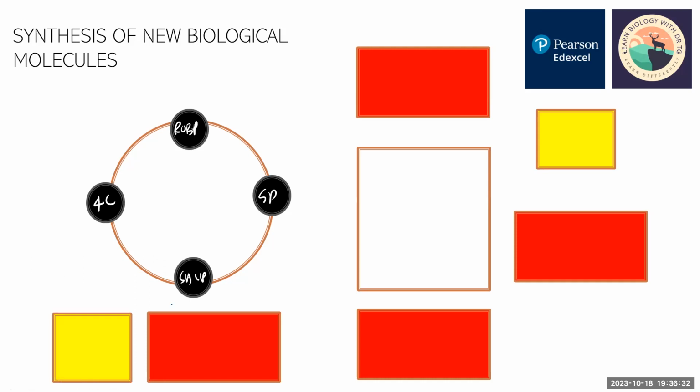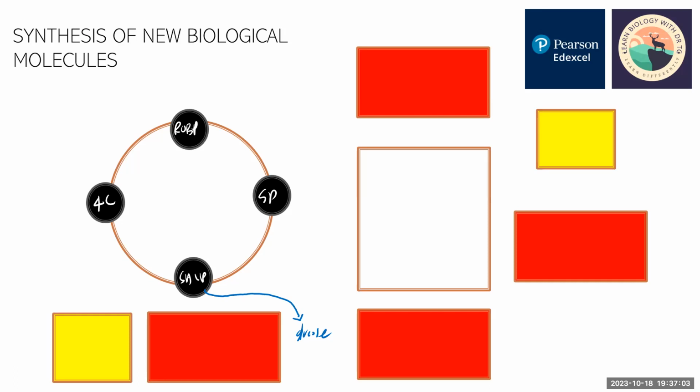GALP is important to produce glucose. Then glucose can be used to produce other types of sugars like sucrose, maltose, and also starch.